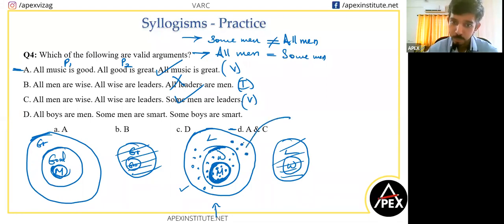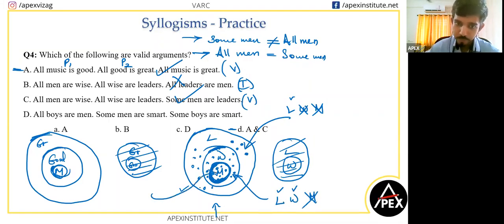So these are people who are leaders, but they are not wise and they are not men. Yeah? They are only leaders. Then these are people in the middle who are leaders, they are wise, but they are not men. And these are people who are inside, who are leaders, they are wise, and they are also men. Okay, so these are the three situations for this circle.